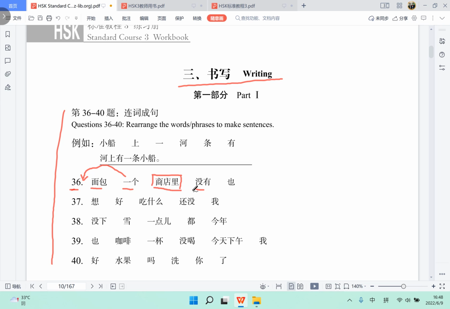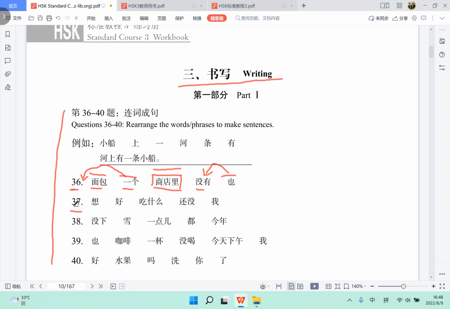So 一什么什么也没有. So this sentence should be 商店里一个面包也没有, so also haven't. So this one is quite tricky. You can think about that. I think you can find the same sentence in the text, but I haven't read that. You can check that by yourself.